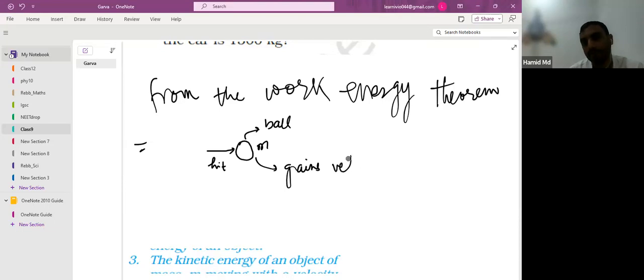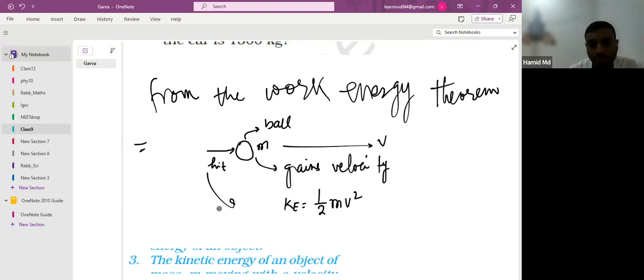It moves with velocity v, so it gains a kinetic energy, half of m into v square. This is kinetic energy, right?